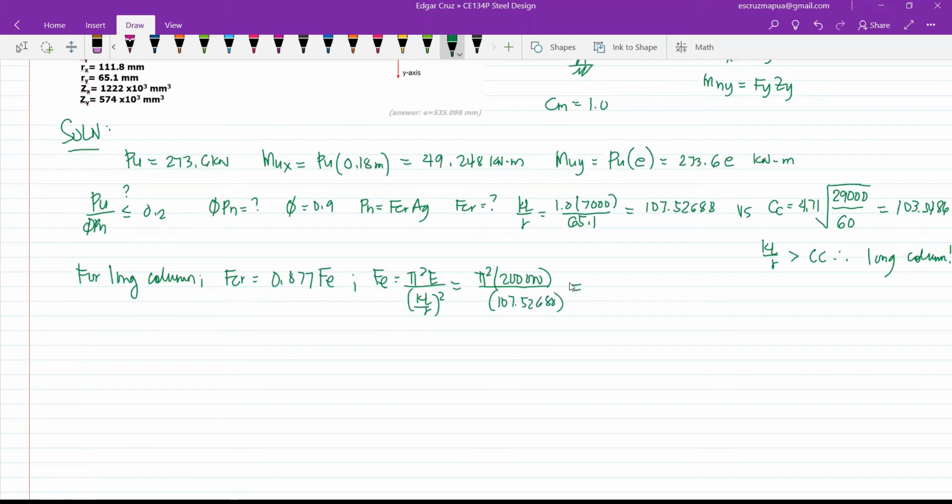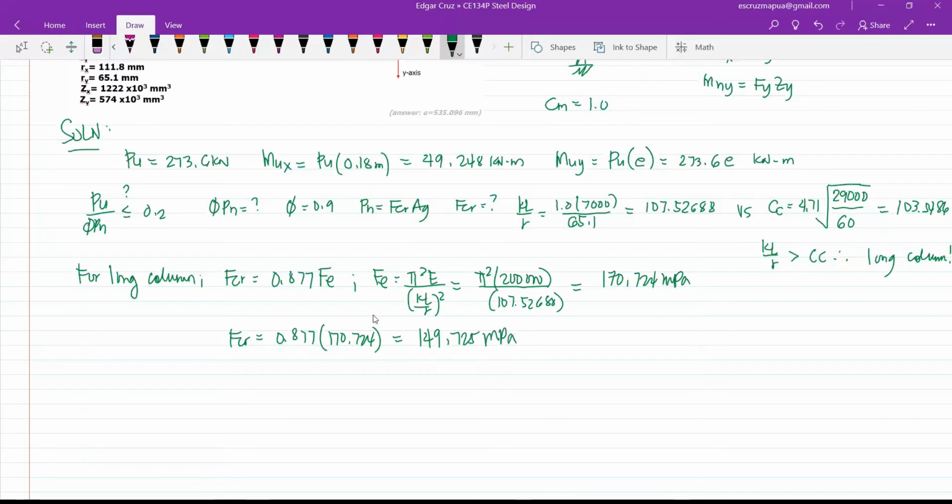So our Fe is equal to 170.724 megapascals. So solving that FCR, that would be 0.877 times Fe, 170.724. So our FCR becomes 149.725. So again, that is still in terms of megapascal.